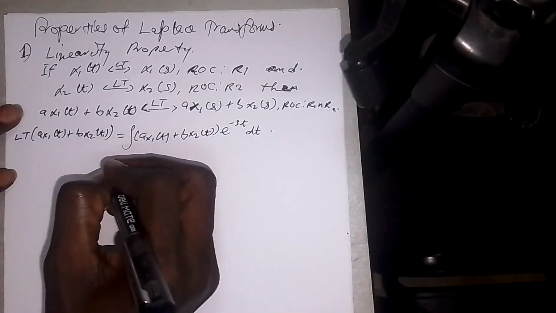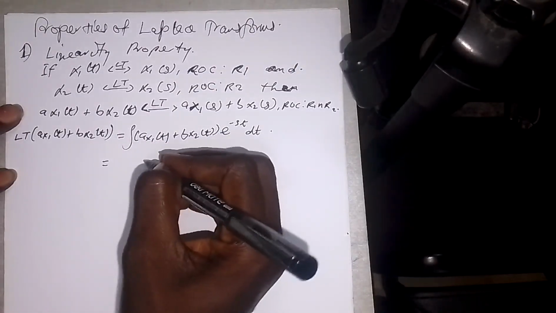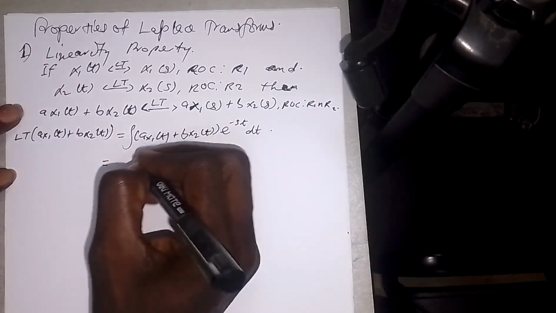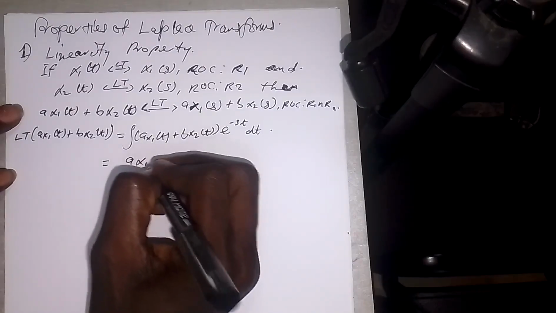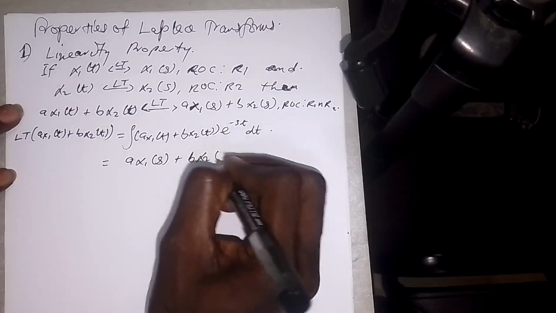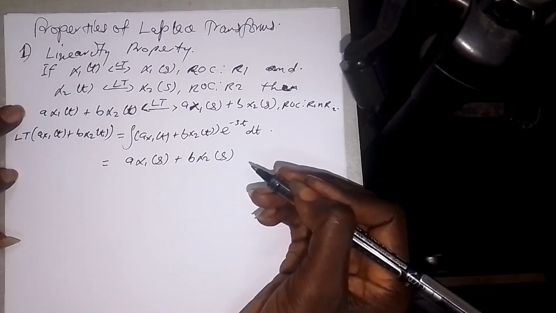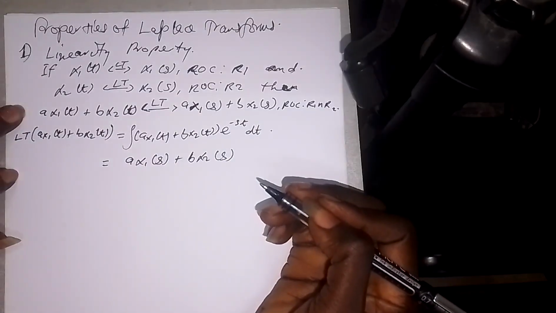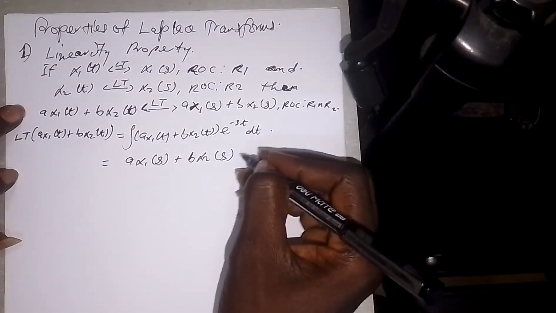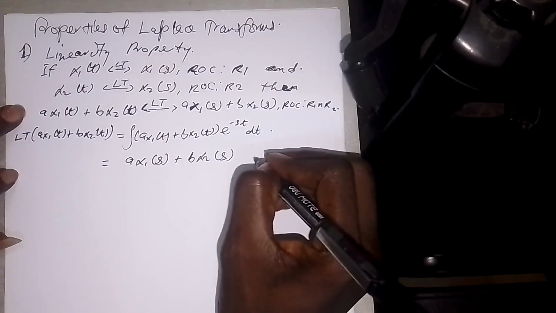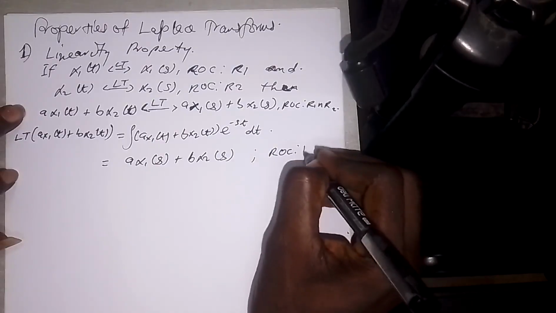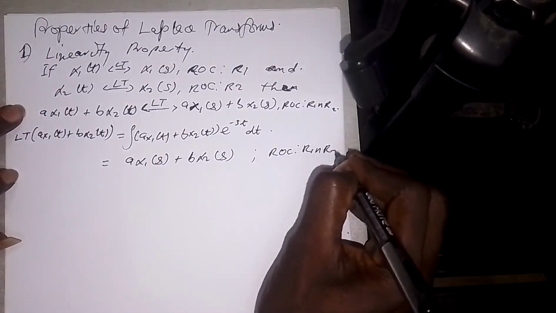If we do this, we are supposed to therefore have a X1 of s plus b X2 of s, which will have an ROC of R1 intersection R2.